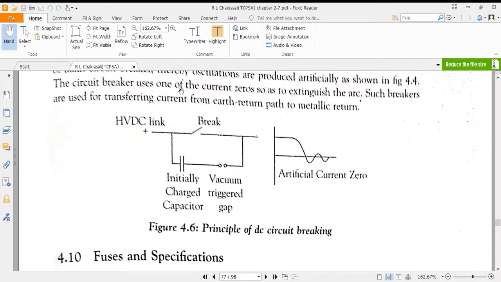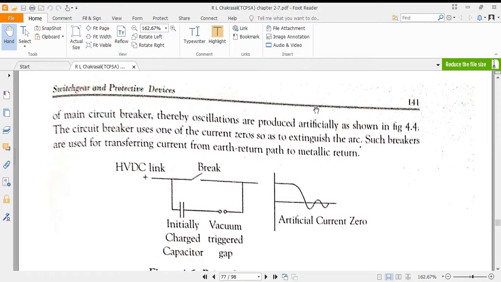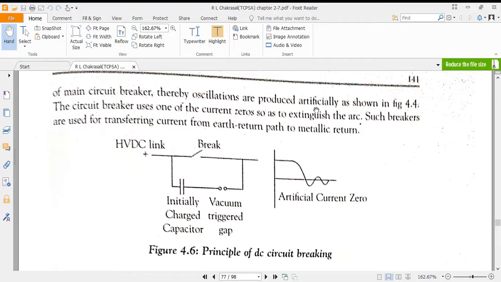The circuit breaker uses one of the current zeros so as to extinguish the arc. Such breakers are used for transferring current from earth return path to metallic return. So they have given a very simplest way of operation of DC circuit breaking here.